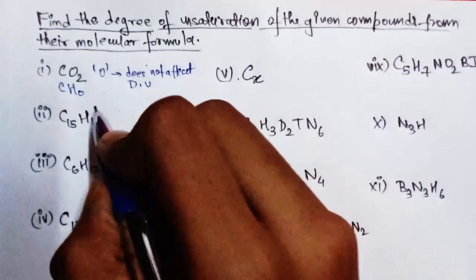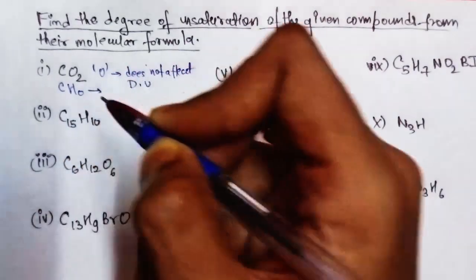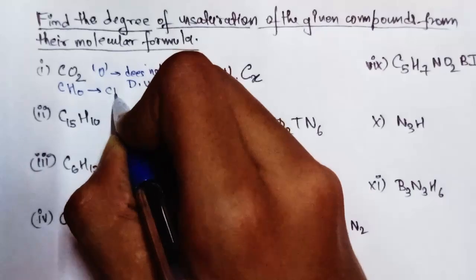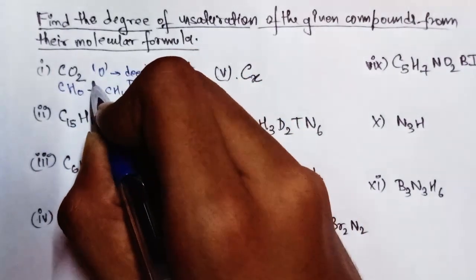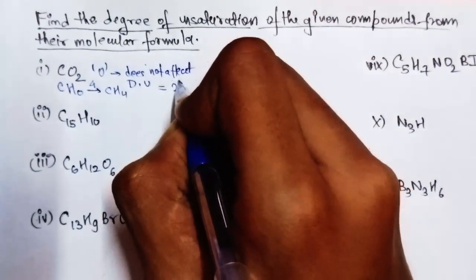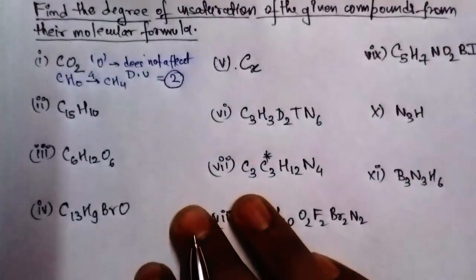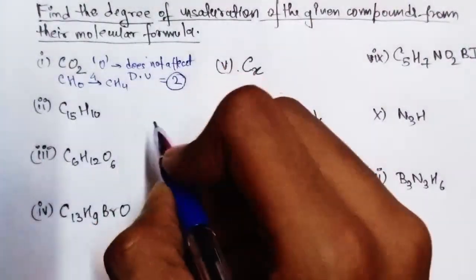We know for one carbon the number of hydrogen required is 4. Therefore, the change in number of hydrogen atoms is 4, making the DU equal to 2. For the next problem, C15H10.